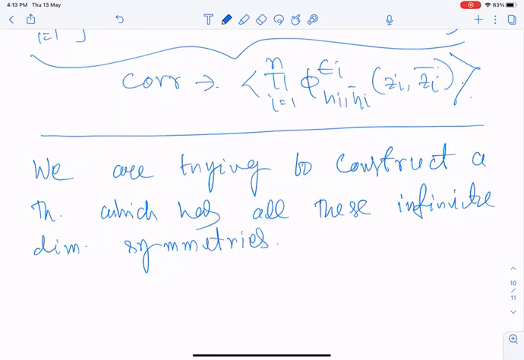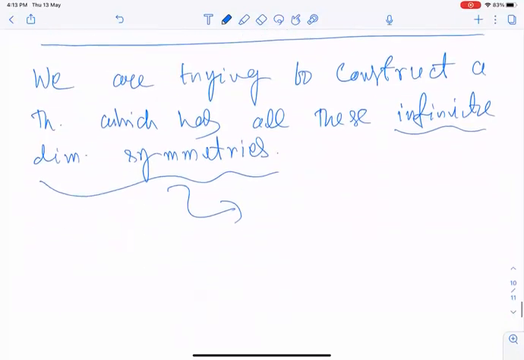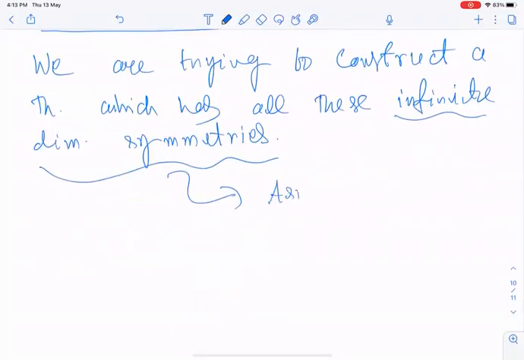So this is not exactly holography, because that would require a discussion of both the bulk and the boundary. But it is most likely holographic, because these infinite symmetries that we talk about can also be realized as asymptotic symmetries in flat space.